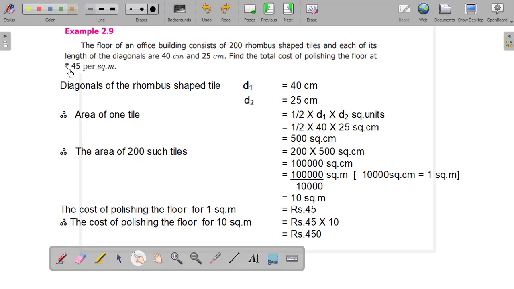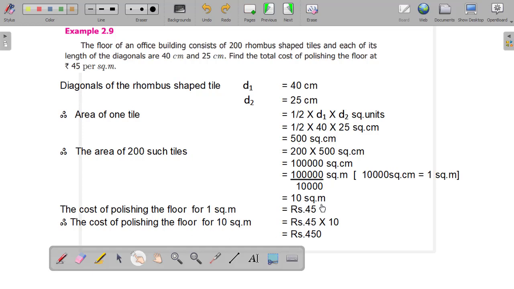So, rupees 45 per square meter means if our area is 1 square meter, the cost would be rupees 45. That is written here. The cost of polishing the floor for 1 square meter is equal to rupees 45. Therefore, the cost of polishing the floor for 10 square meter. Why did I replace the value with 10?